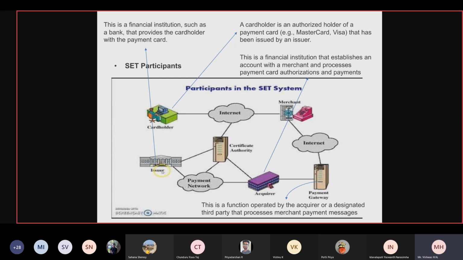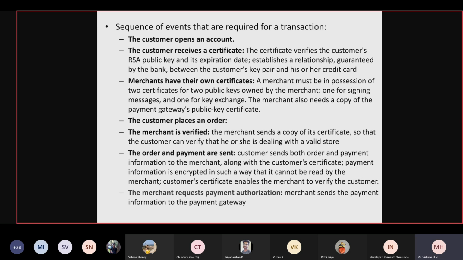Is that clear? And what is a merchant? We know what a merchant is already. Basically somebody who sells the product is the merchant. Basically a merchant is connected with the acquirer through a payment gateway. A cardholder is connected through an issuer for verifications.